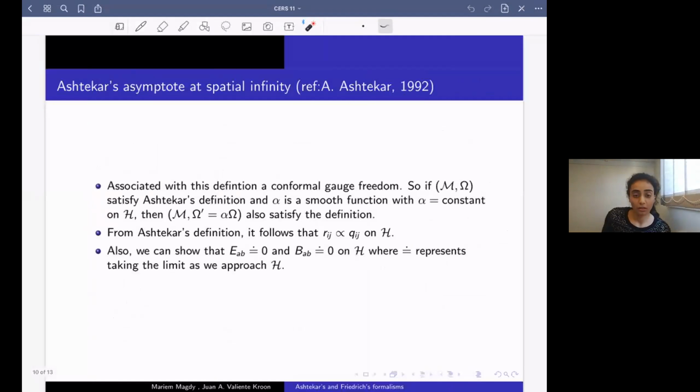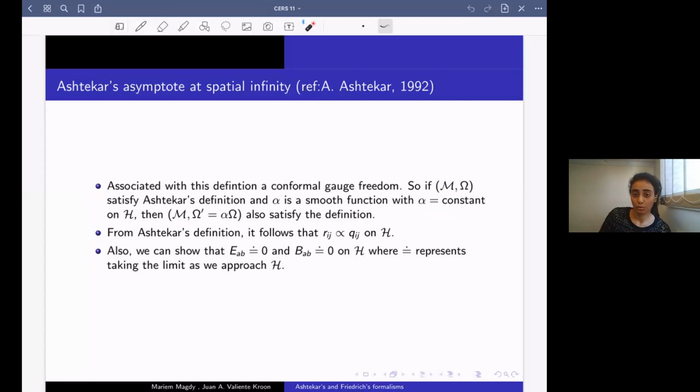Using this definition, we have an associated conformal gauge freedom. If M and omega satisfy the Ashtekar definition, then we can also define omega prime, which is just alpha omega, where alpha is constant on H. In this case, this would also satisfy the definition of Ashtekar.